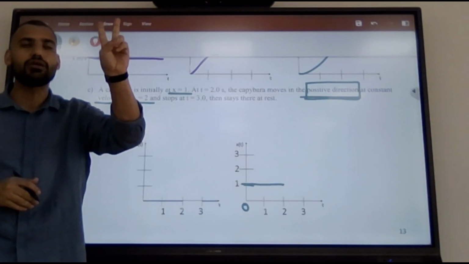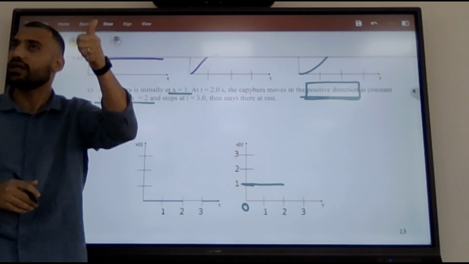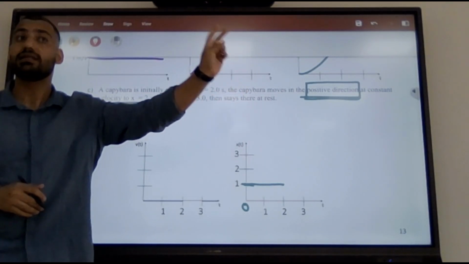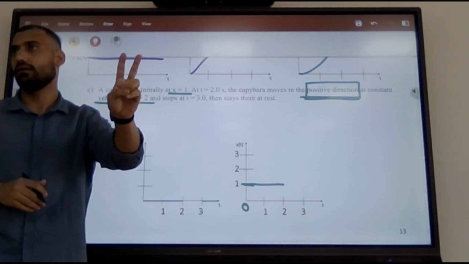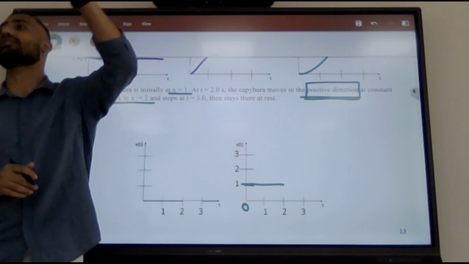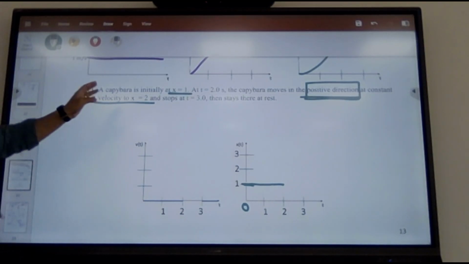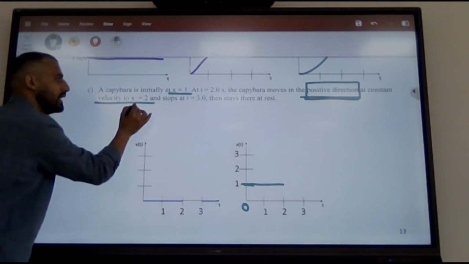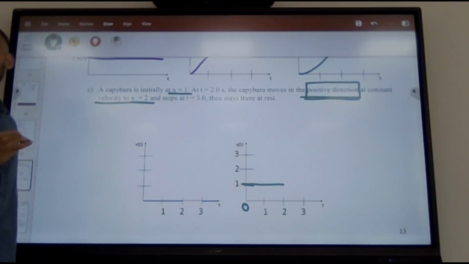There are two things that you can convey from constant velocity. First, there is no acceleration. Second, very important thing: if you plot its velocity-time graph, when you think about this portion, the positive direction and constant velocity at x equal to 2, okay?